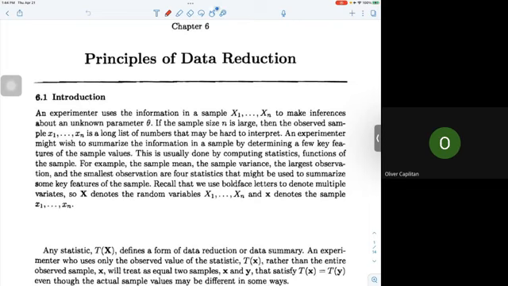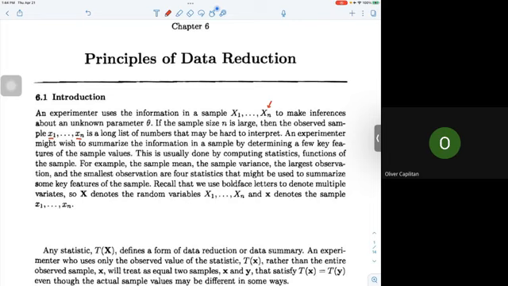So if the sample size, small n, is large, then the observed sample, with the realized value small x sub 1 of the random variable X sub 1, and so on, and the realized value small x sub n of the random variable X sub n, will also be a long list of numbers that would be difficult to interpret, since our sample size n is large. So what will the experimenter do?